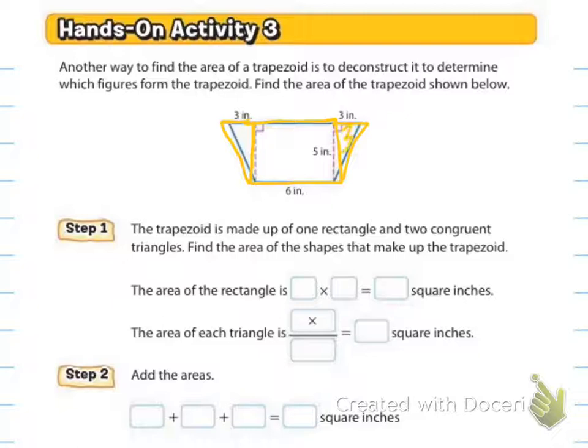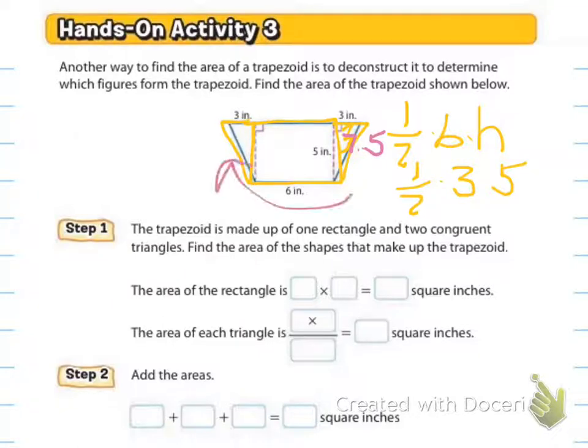So the area of this triangle is 1/2 times base times height, which is 1/2 of 3 times 5, which would be 15. 1/2 of 15 is 7.5. So this is 7.5, and we have 2 of them, so that's going to be 15 square inches altogether.